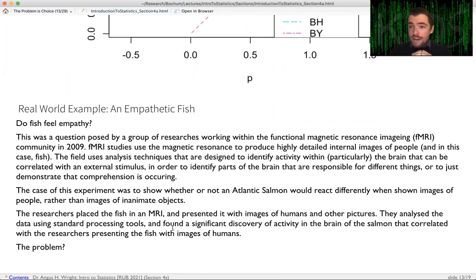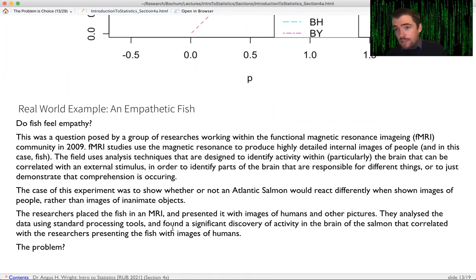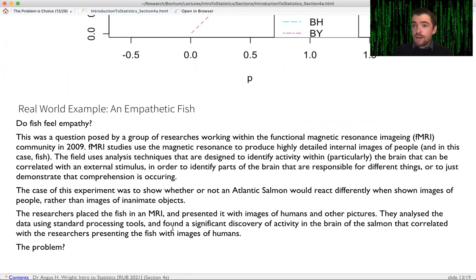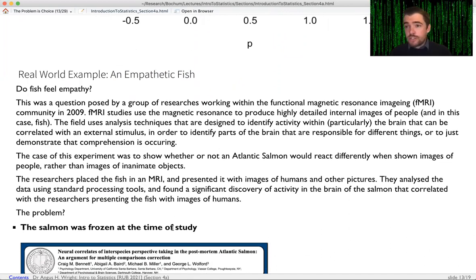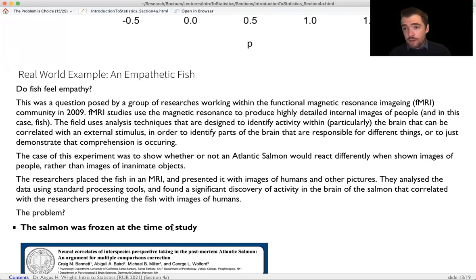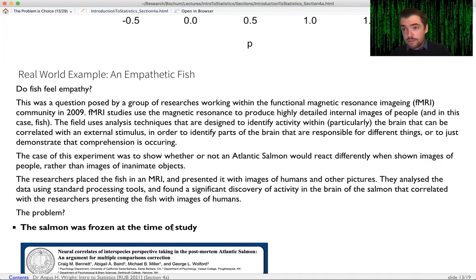So at many sigma significance, the fish was showing empathy with people because it reacted specifically when it saw humans. The problem? The salmon was frozen at the time of the study. It was a whole Atlantic salmon that had been bought from a butcher and was frozen solid.